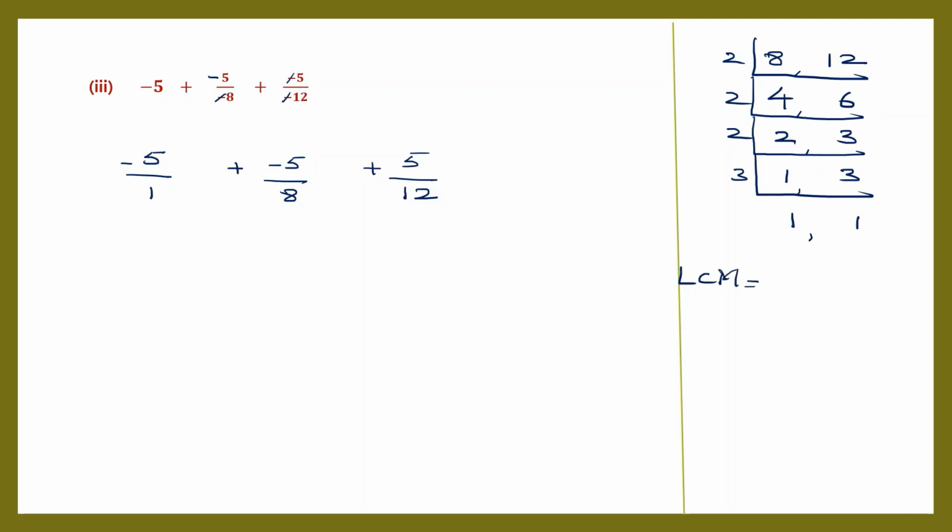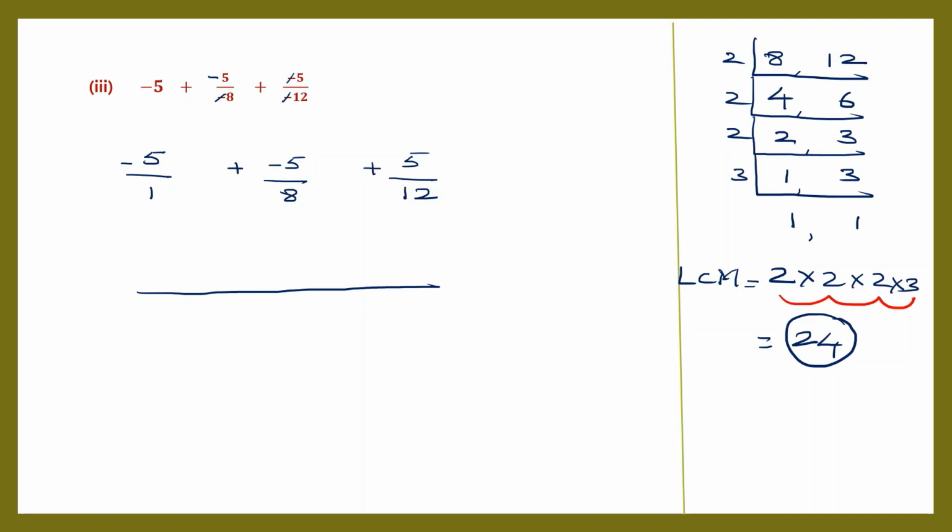Our LCM is 2 into 2 into 2 into 3. So let's multiply and get this. 2 twos are 4, 4 twos are 8, 8 threes are 24. So this is our LCM here, which we are going to use as the common denominator. The common denominator for all three rational numbers will be 24.